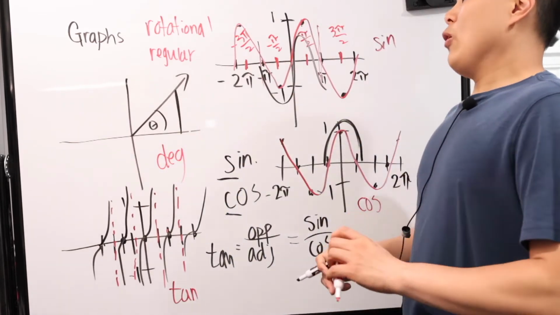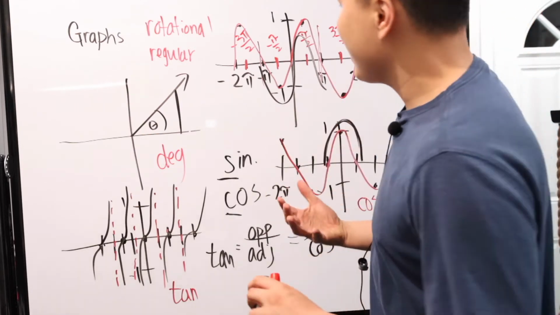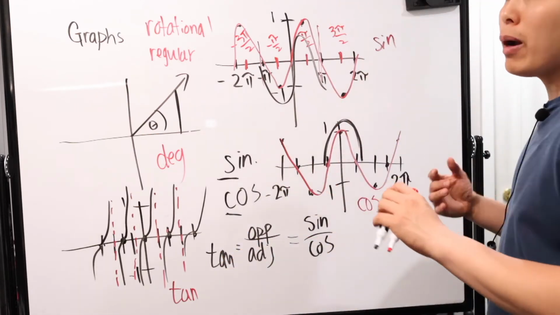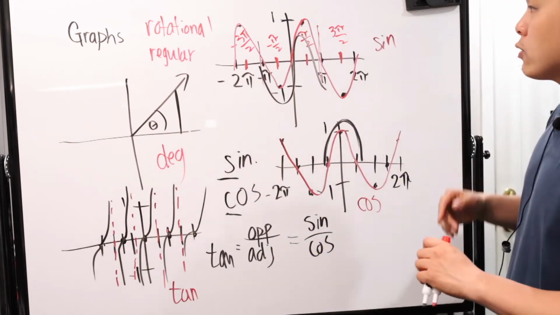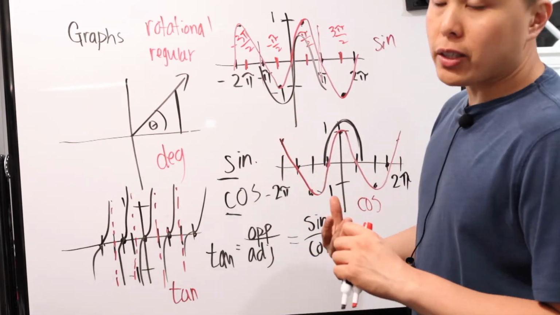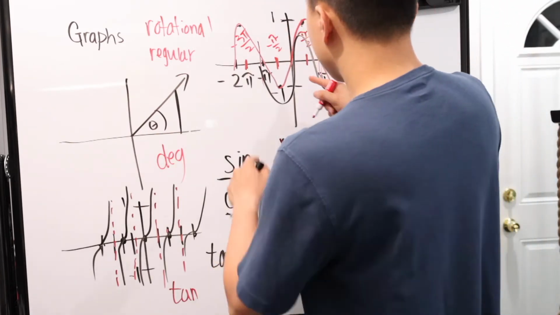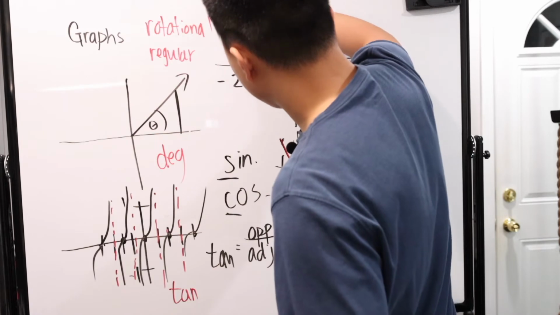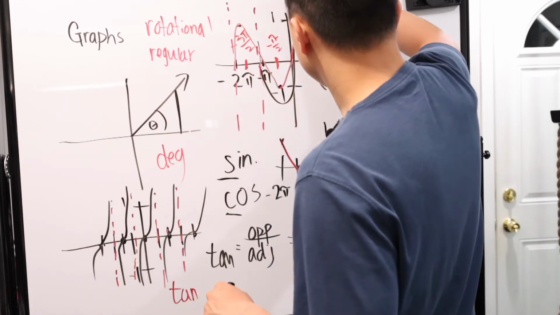Now, what about the other three, right? You have your cosecant, you have your secant, and you have your cotangent. Well, guess what? Remember that they are 1 over whatsoever. So cosecant is 1 over sine. So a way to go about it is that when you see this, since it's 1 over sine, once again, we're going to have our little asymptote wherever sine hits 0.